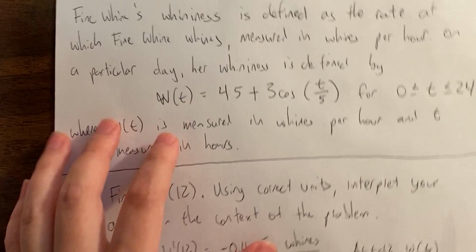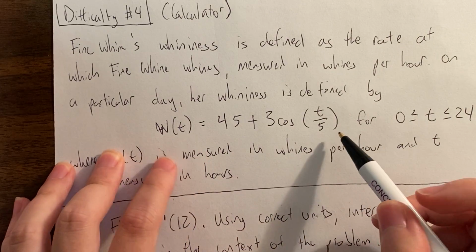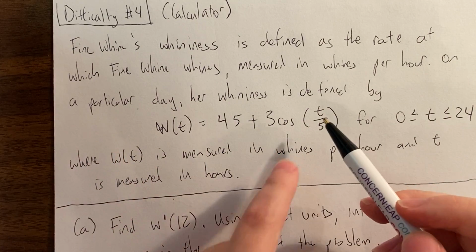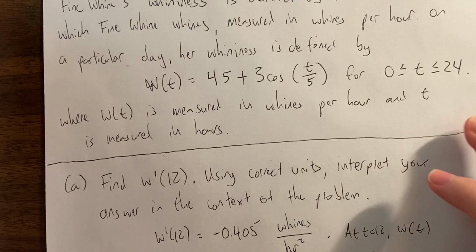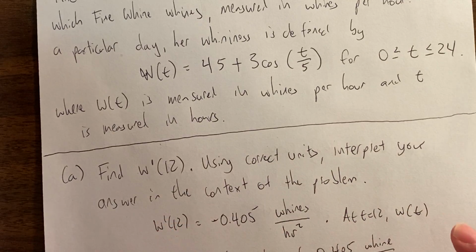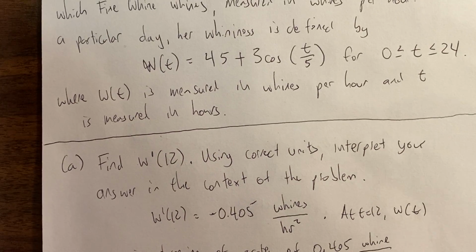So for example, if you wanted to find W of 12, you would plug this in. Cosine is between negative 1 and 1, so you would add 45. So W of 12 would be positive. And how would I interpret that? Well, it would be similar to W prime of 12. W of 12 being positive means the fine wine is increasing her number of wines at t equals 12, and that unit would be wines over hours.